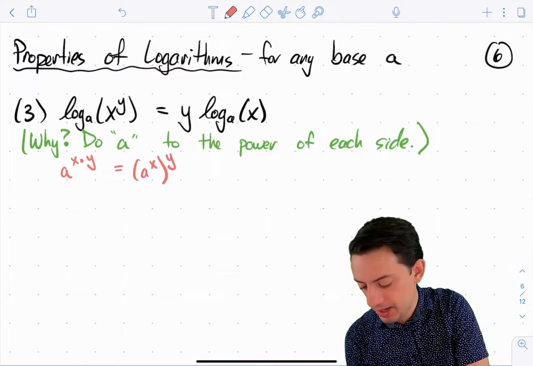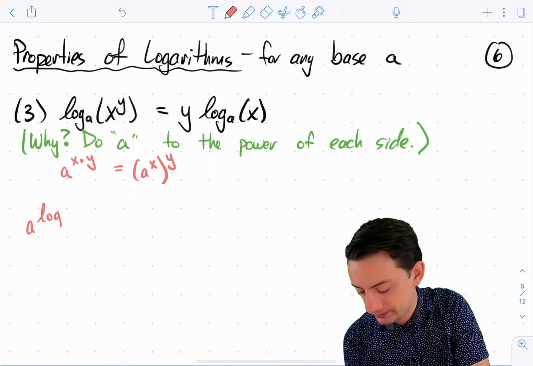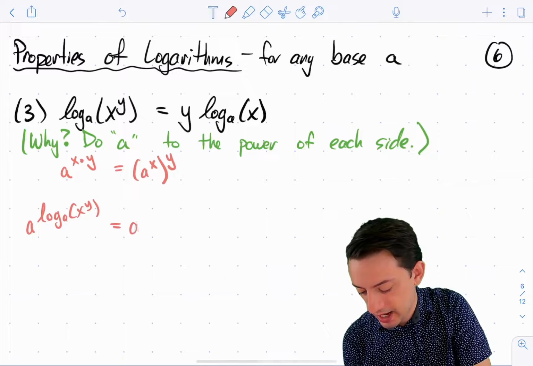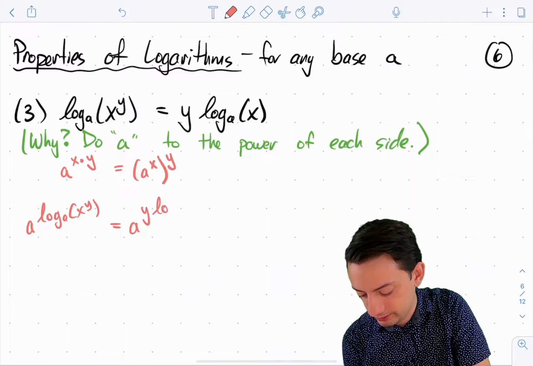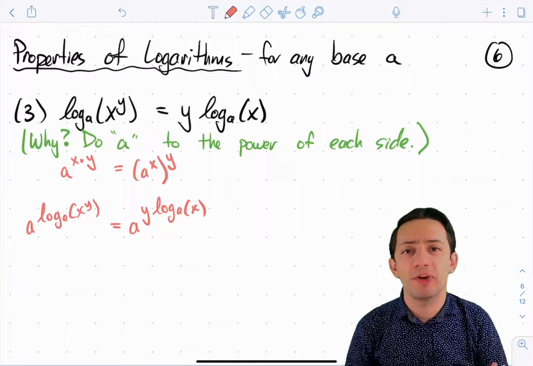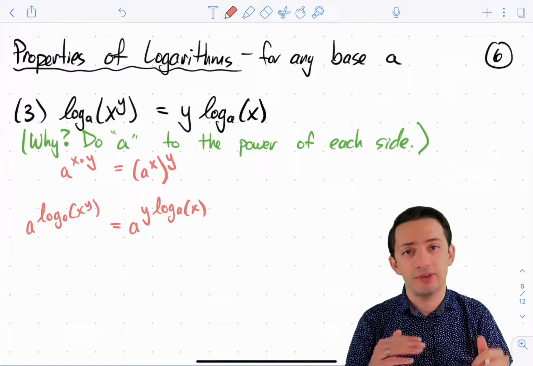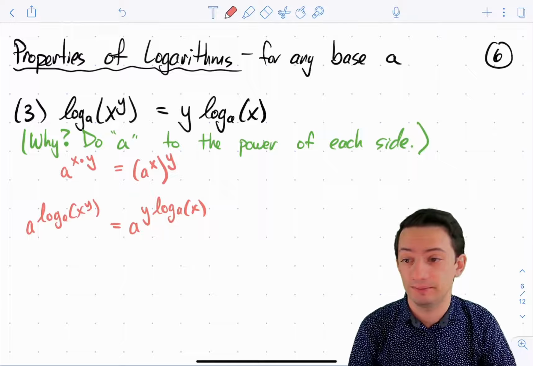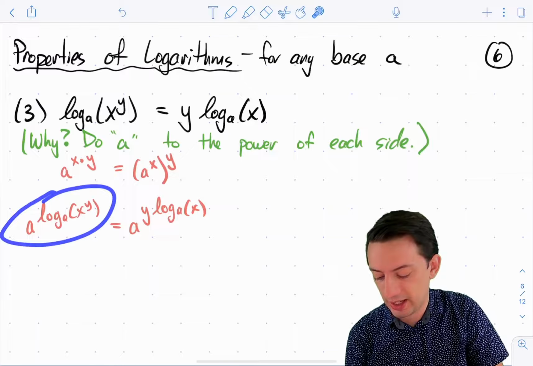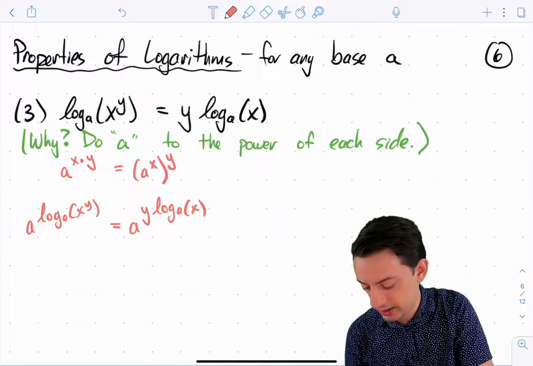Let's take a to the power of the left and a to the power of the right, and see if we can find a way to simplify them both to get something where the left-hand side and the right-hand side are the same. Now, on the left, it's kind of clear what we want to do. We're just going to cancel the a and the log a, so let's do that right now.